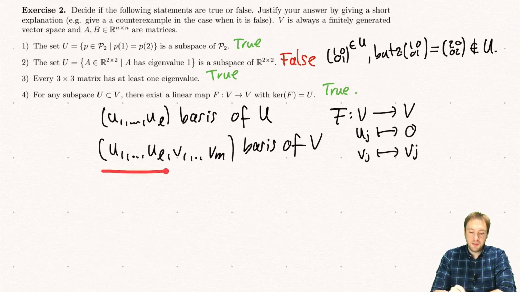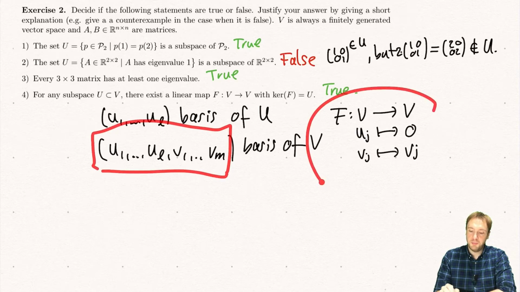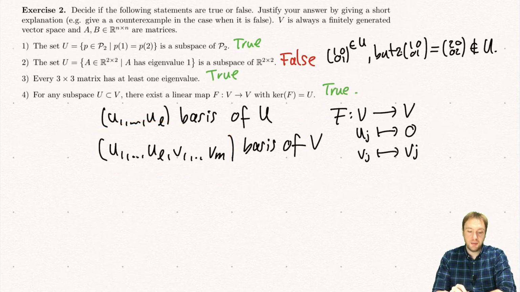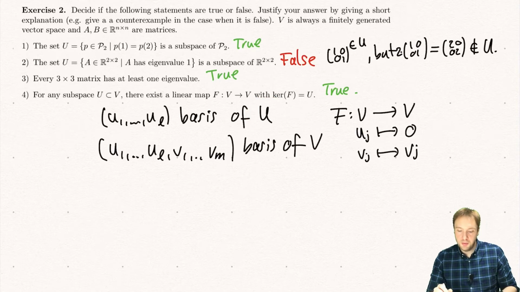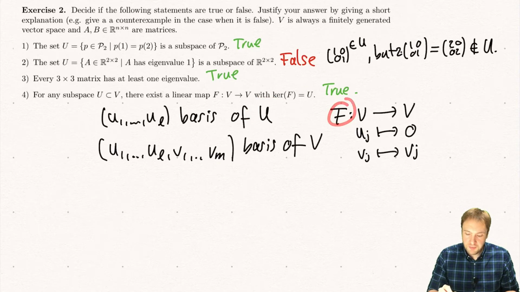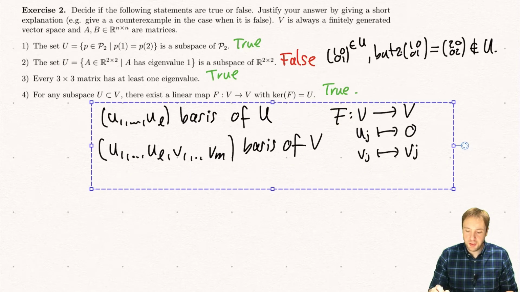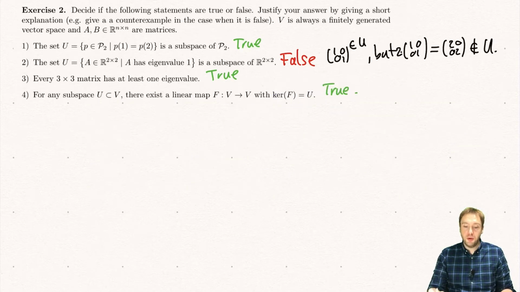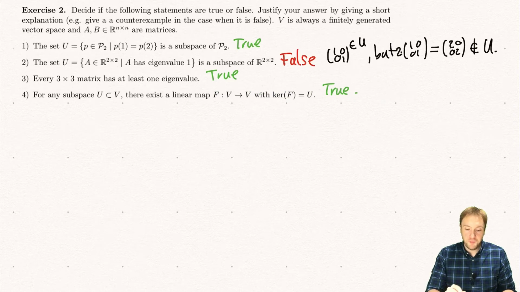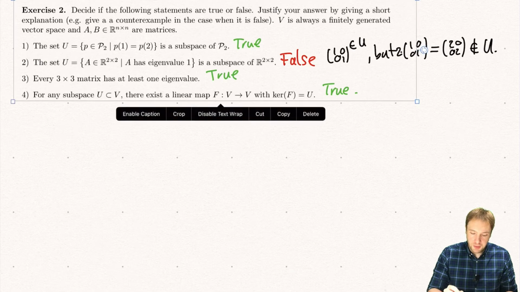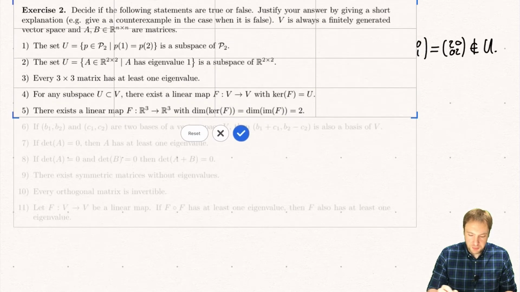And then you will see that the kernel of this map is exactly the span of U1 up to UL, and this is exactly the subspace U. So here the kernel of this F equals this U. So this works in general. So every subspace is the kernel of some linear map F. Okay, so this was 4.